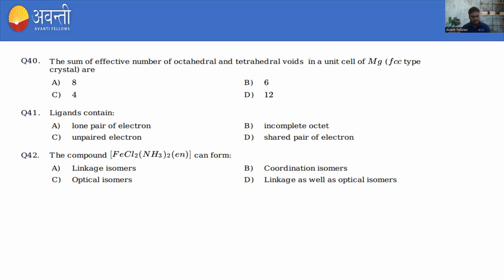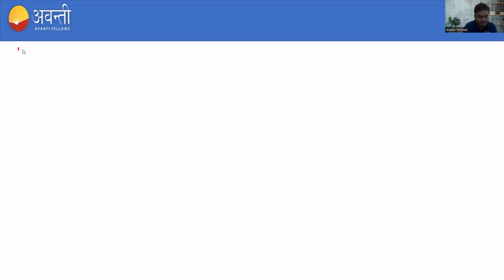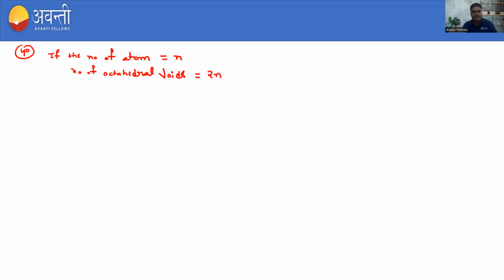Now we know that, question number 40, if the number of atoms is equal to n, then the number of octahedral voids is also equal to n.